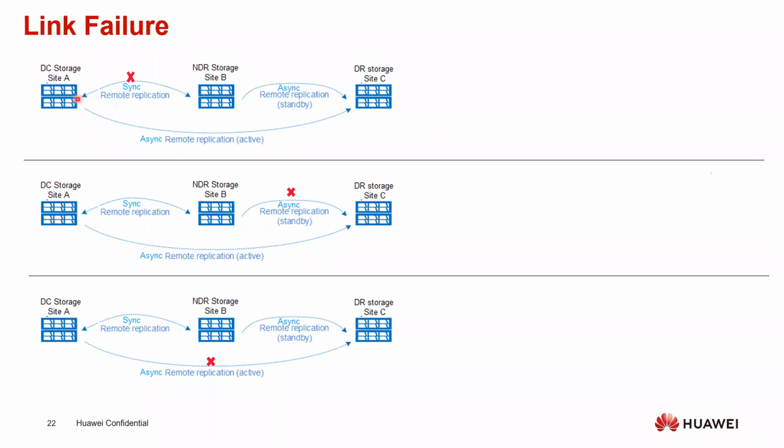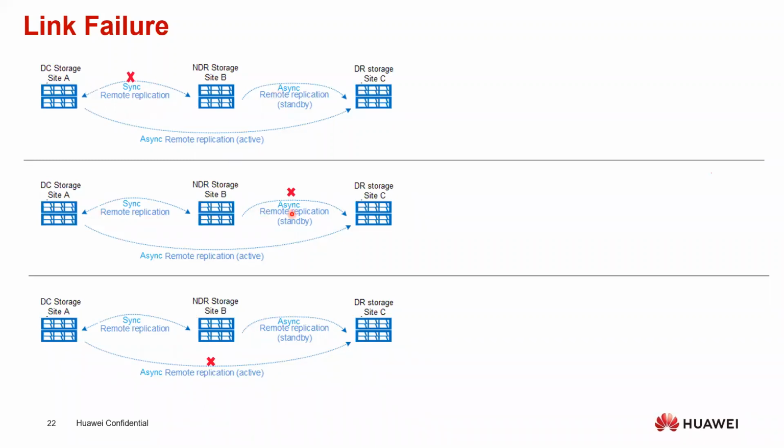So your business will keep running on site A without impact. Your replication link will be in a faulty state, and you can wait for or escalate to the service provider to bring the link back, and then your application can start again. So there is no data loss and no impact on the business.